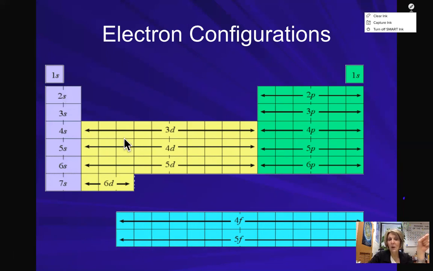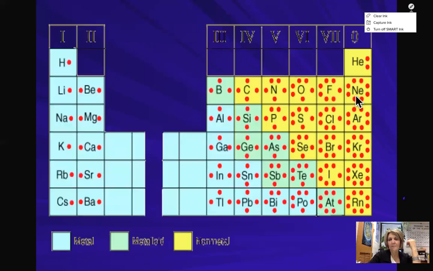So S's can only hold 2, D's can hold 10, and P's can hold 6. And we see how we get to 8, right? For example, in the second energy level, we have 2 in the S block, and then we have 6 electrons that can be in the P energy level, and that's how we get to 8 for our noble gases.